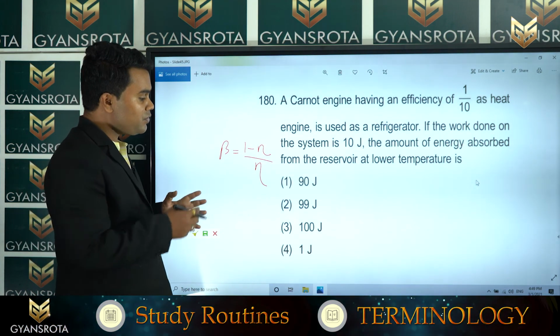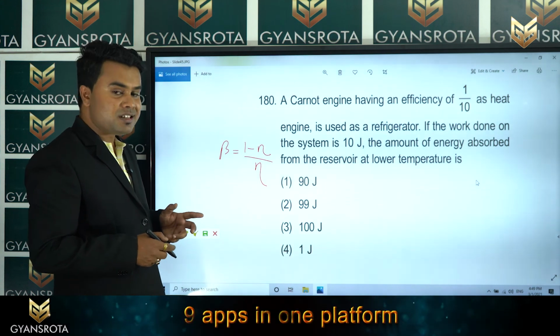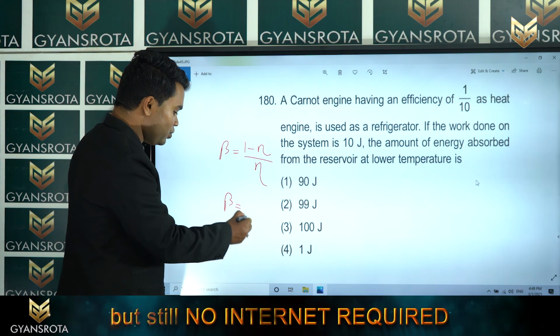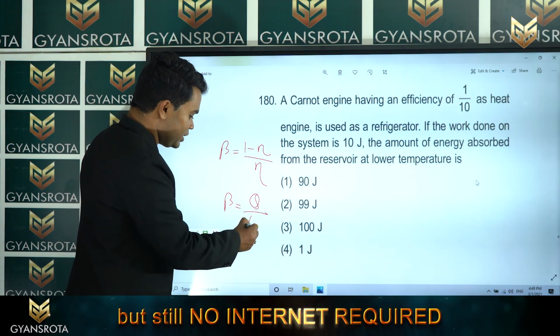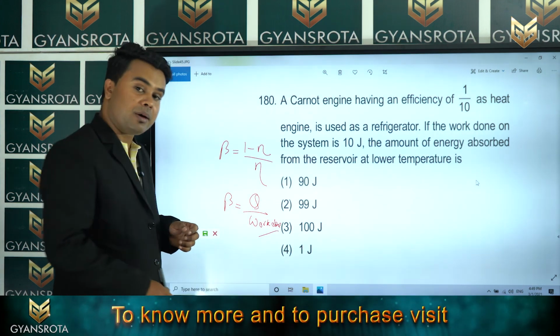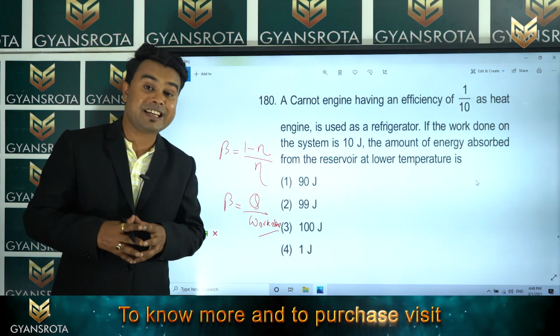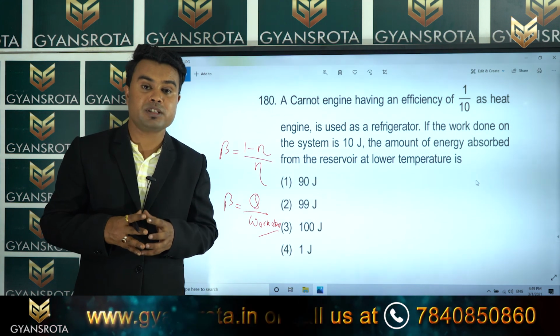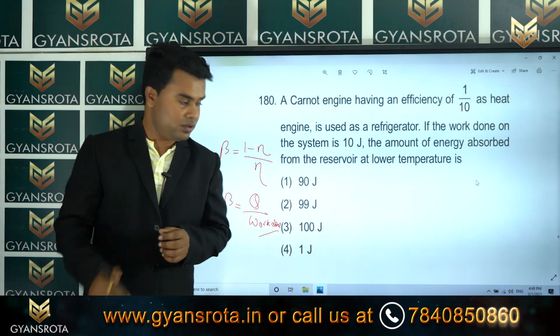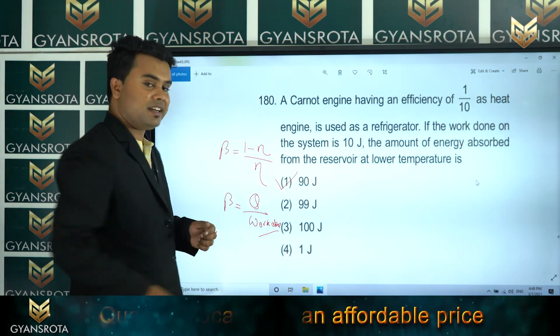Okay. Now, if you use this formula, one more thing you have to do, beta equals total heat divided by work done. We have done all this in the chapter thermodynamics, Carnot cycle. If you study that one, you will see these formulas are there, and finally, your answer will be 90 joule. So, 90 joule is the correct answer.